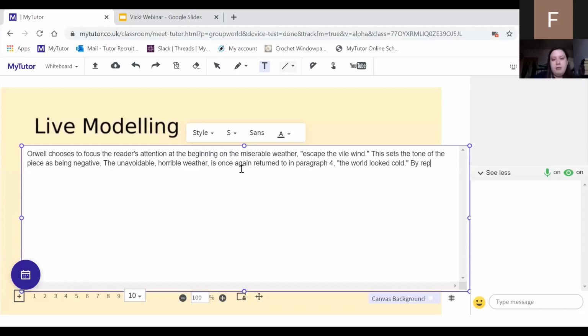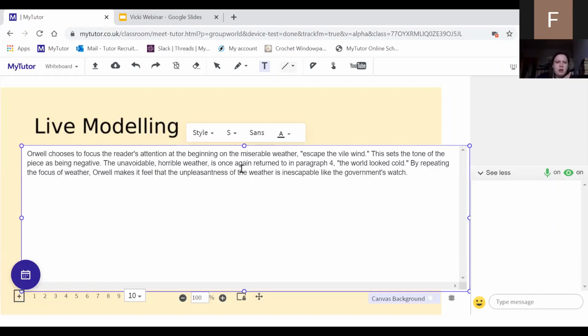So by repeating the focus of the weather, Orwell makes it feel that the unpleasantness of the weather is inescapable, like the government's watch.